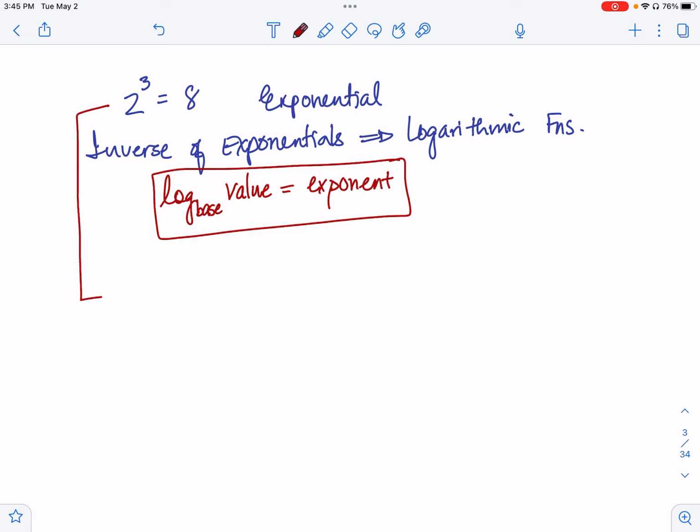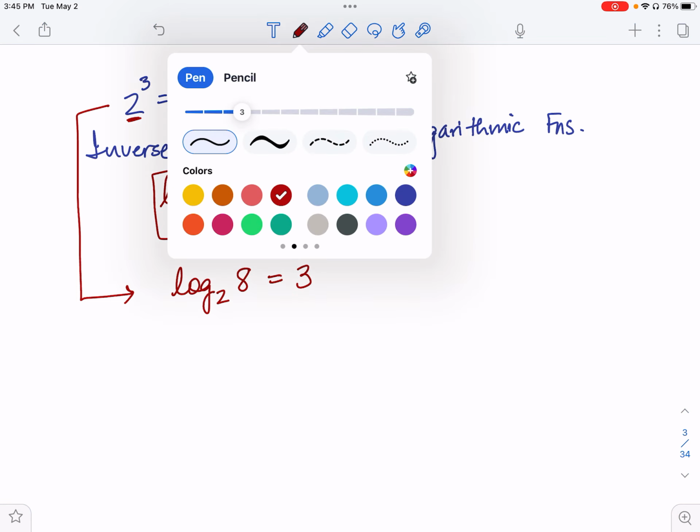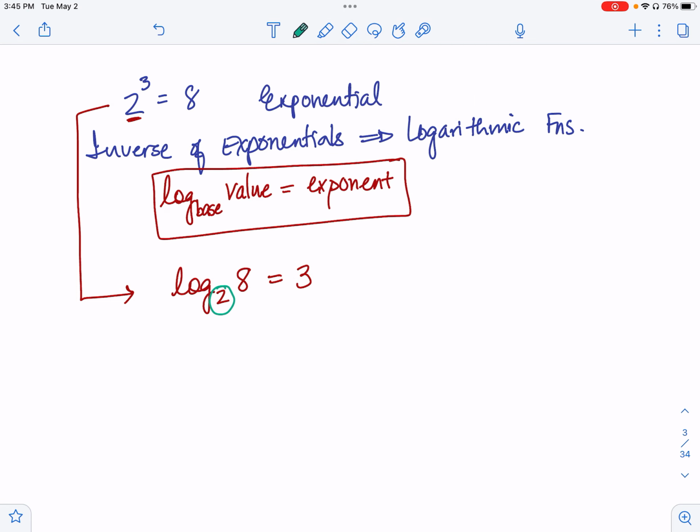So if I were to convert this to a log problem, log of the base, now the base is 2 here, of the value, so log of 8 to the base 2 will be equal to 3. Basically it means 2 when raised to the power of 3 would equal 8. And I've converted an exponential to a log. And now a log can be converted back to exponential, so it's a loop.